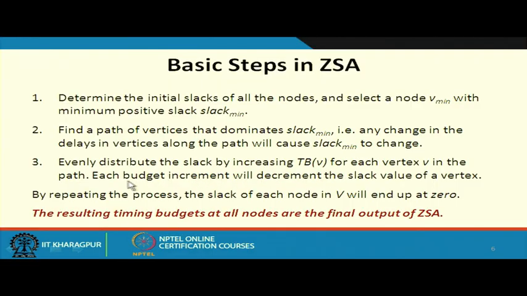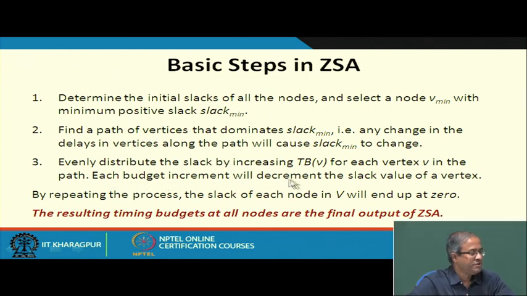Okay. So, increasing the time budget of a node will also cause a decrease in the slack value. So, slack values will all go towards the downward side, from a higher positive value to lower values. Okay. Fine. So, this is what is mentioned: each budget increment will decrement the slack value of a vertex.